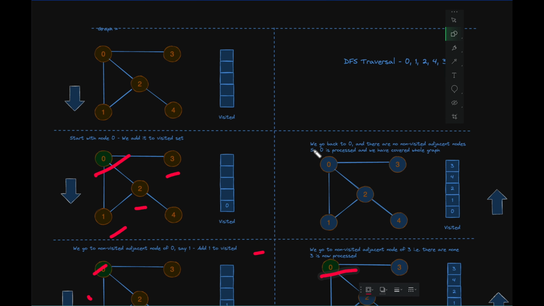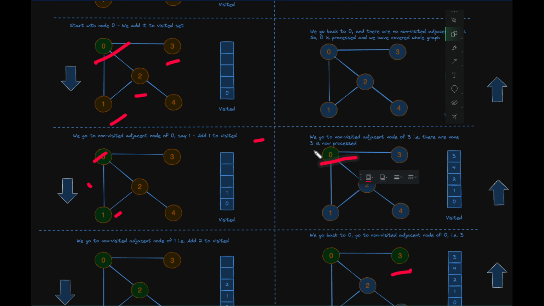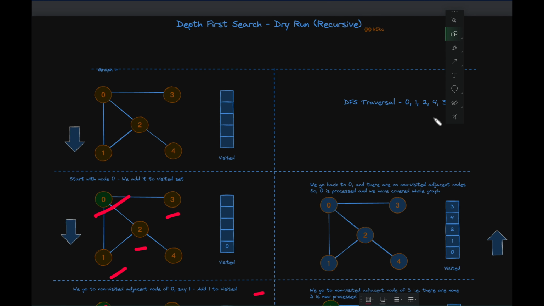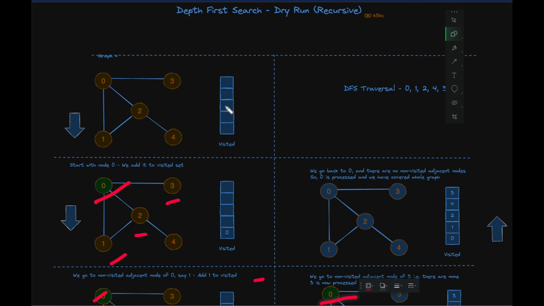So the DFS traversal for us in this case will be 0 1 2 4 3, because it depends on when you process. So before making the DFS call, we can always add to the DFS recursive list, and then mark it as open for processing.